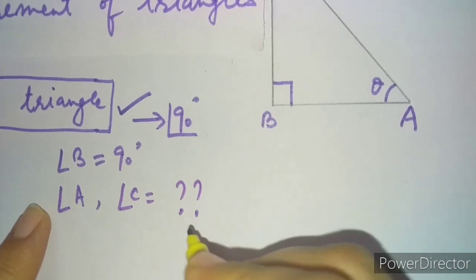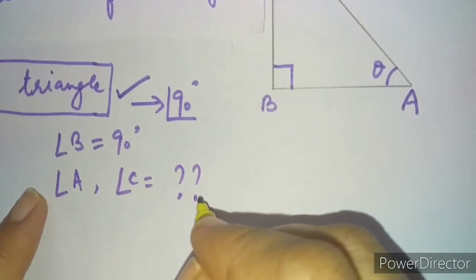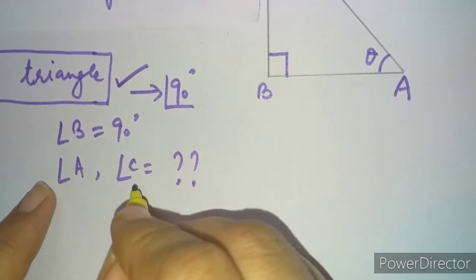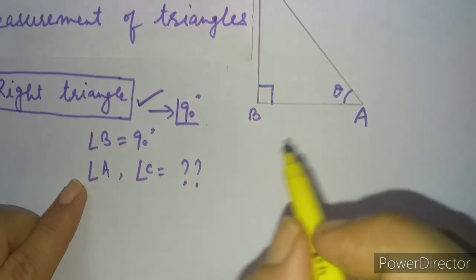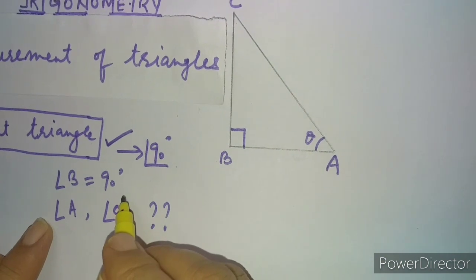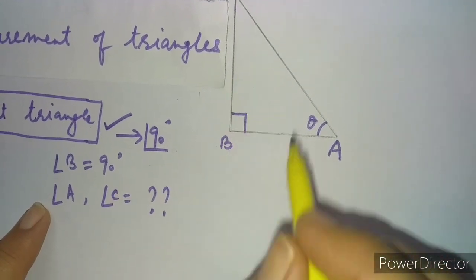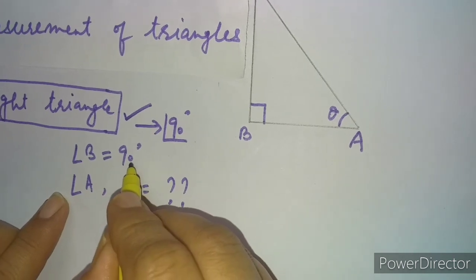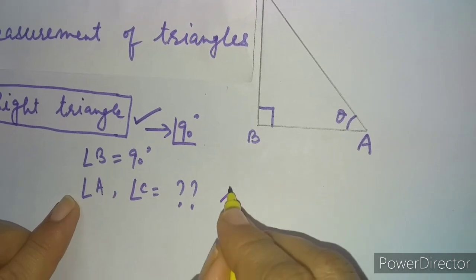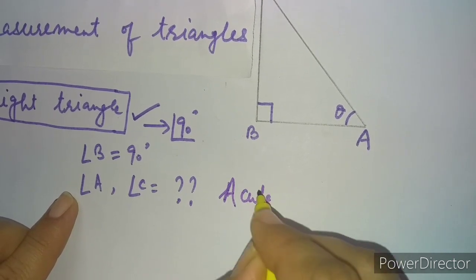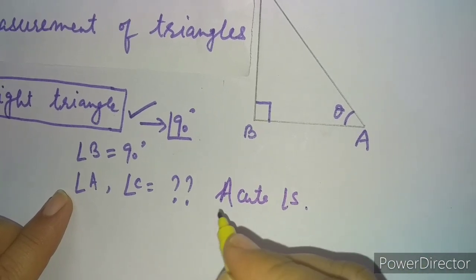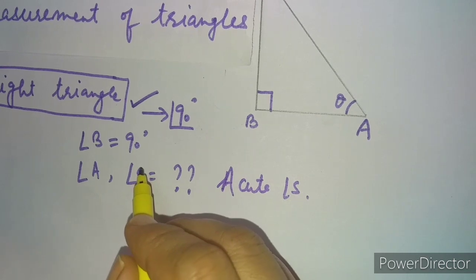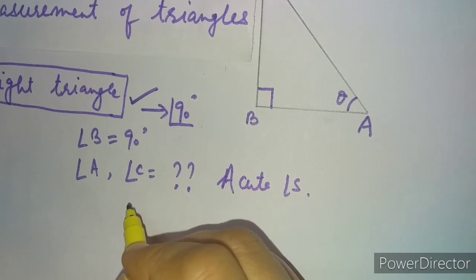In the start itself we will make it very clear: if one angle is 90 degrees, what about the other two angles? You know very well that the sum of angles of a triangle has to be 180 degrees. So if one angle is already 90 degrees, the other two surely should be acute angles only. If they are more than 90, then the triangle is not possible, because the sum will go beyond 180 degrees, which we don't want.